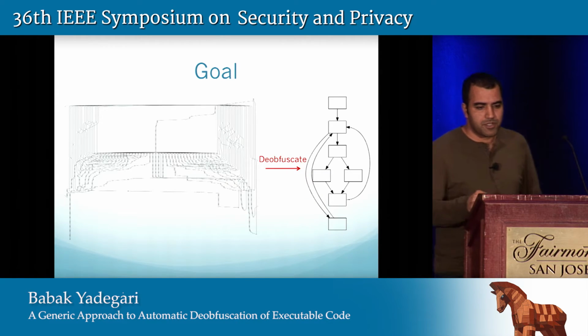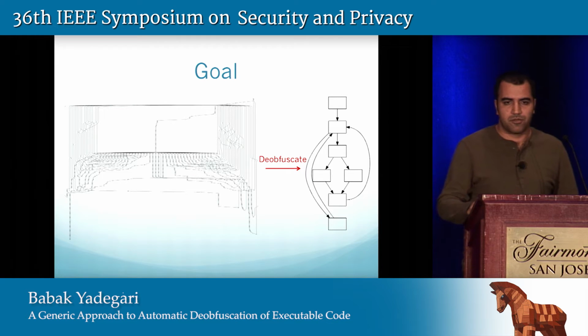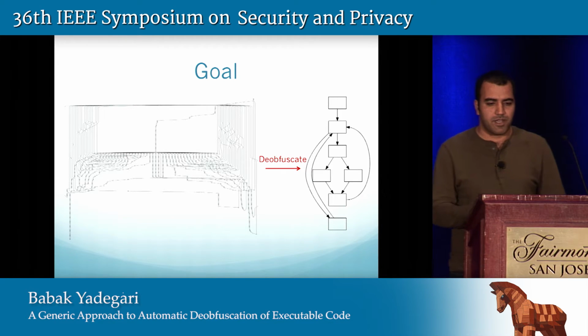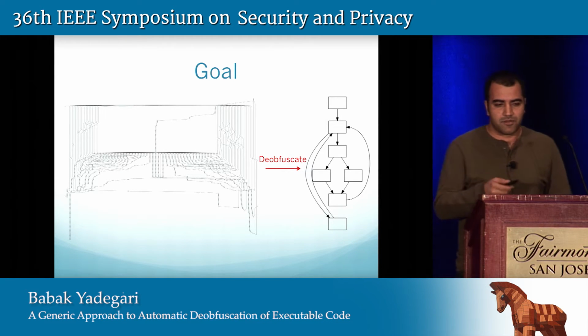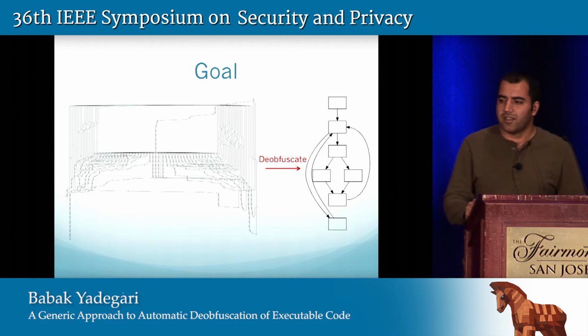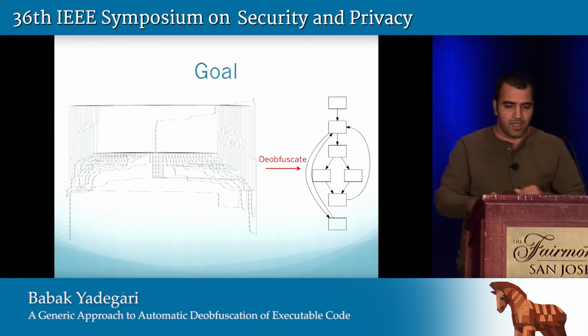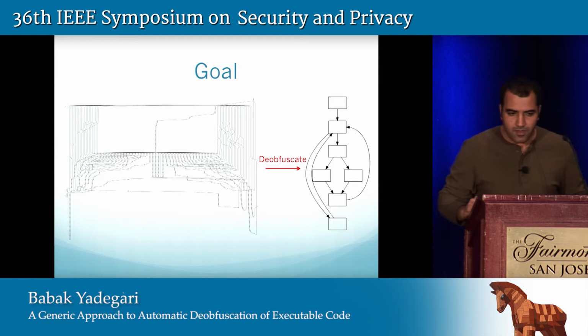So our goal is to have a technique or tool that automatically, given an obfuscated program, can identify and extract all the significant operations or the logic that was embedded in the obfuscated program and produce a simpler program.